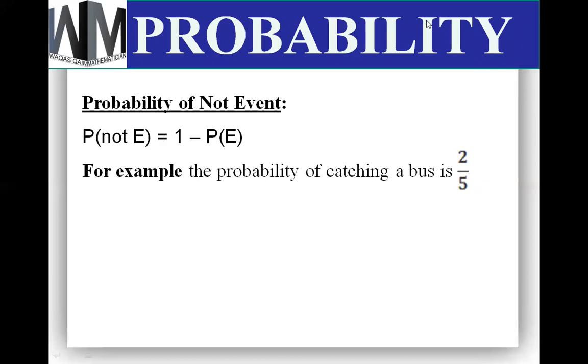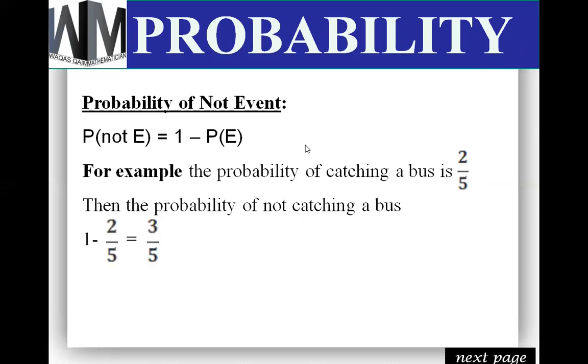So it will be yes, right, Hamza. So it will be 1 minus 2 over 5 is equal to 3 over 5. Does anyone have any problem in subtracting this one in the subtraction?